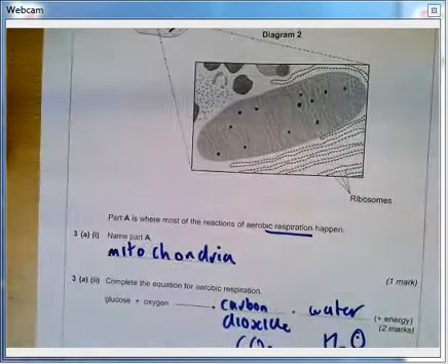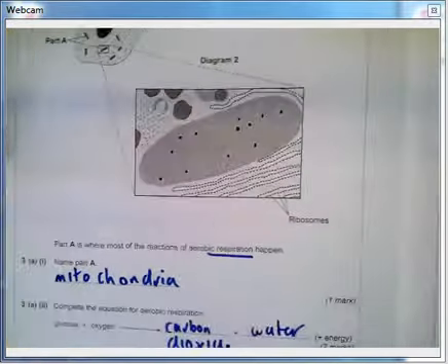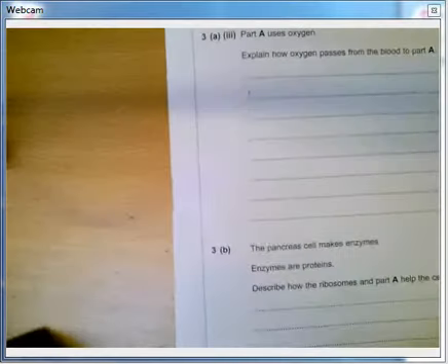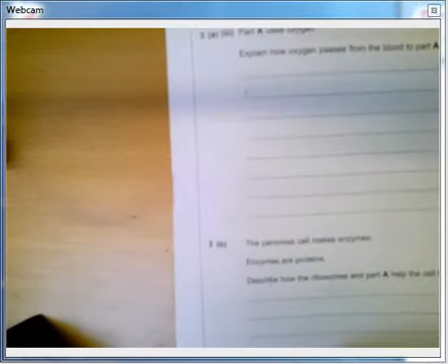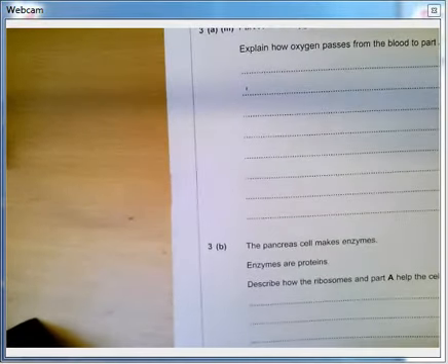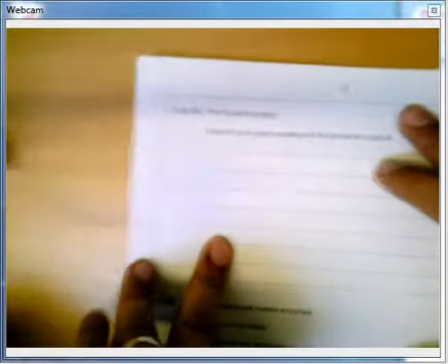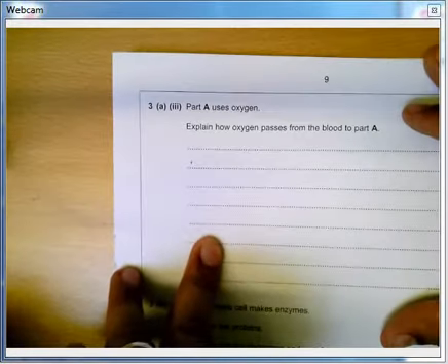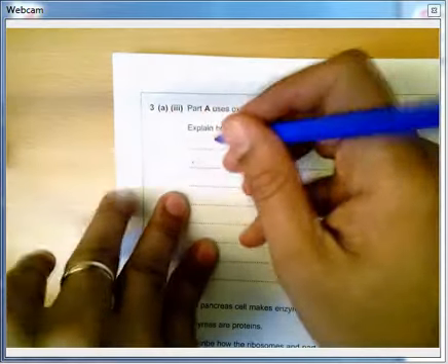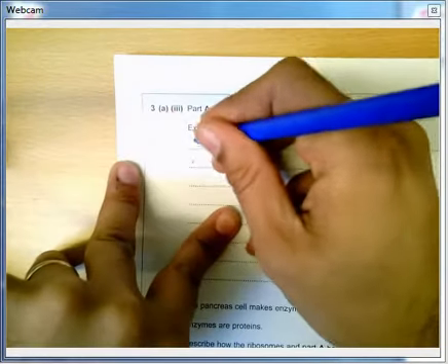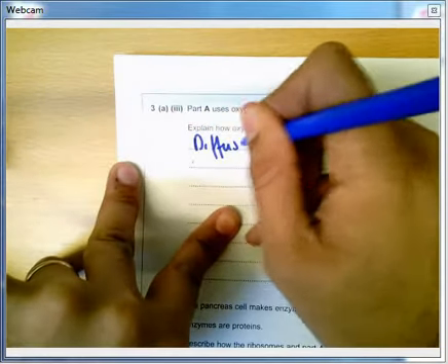Okay, right. So part A uses oxygen. Explain how oxygen passes from the blood to part A. Okay, so remember, whenever you've got the movement of substances taking place within cells, or from cell to cell, or from blood to cells, diffusion is the process that's taking place.